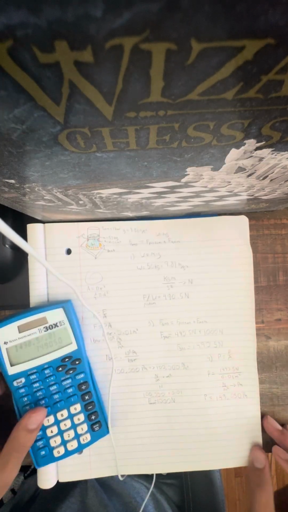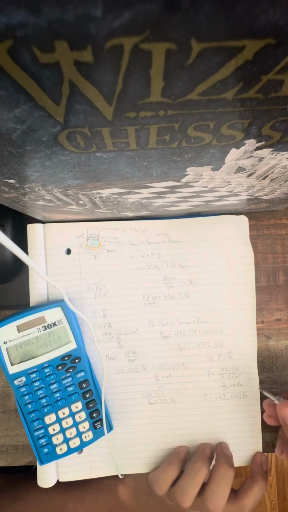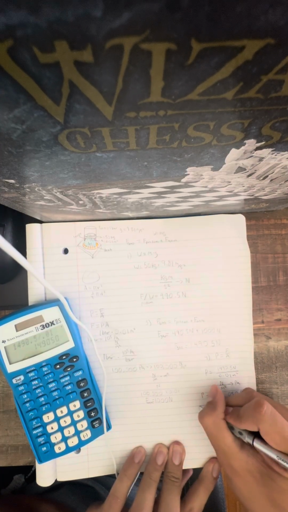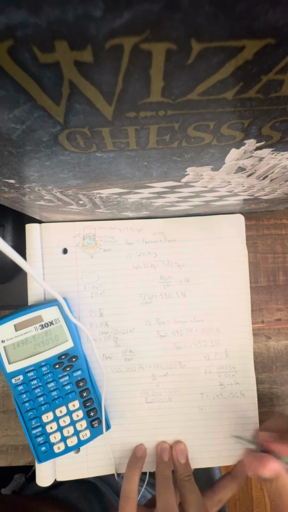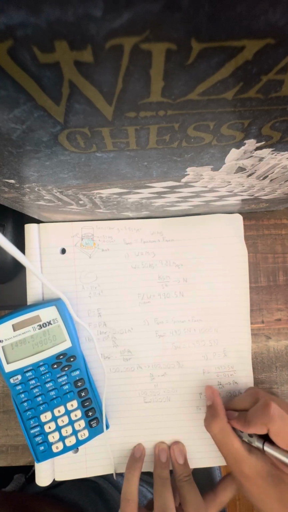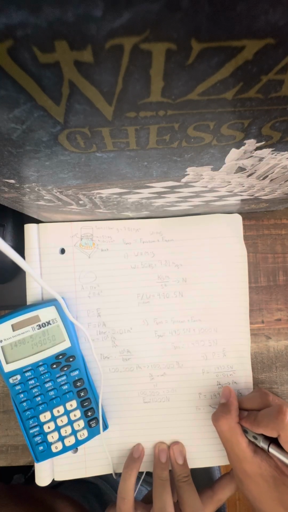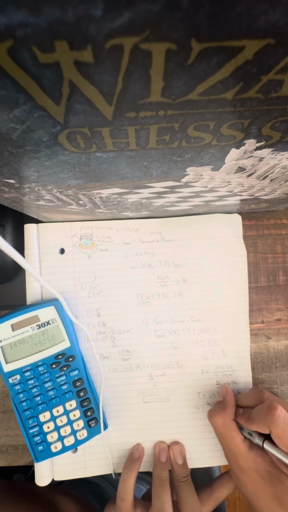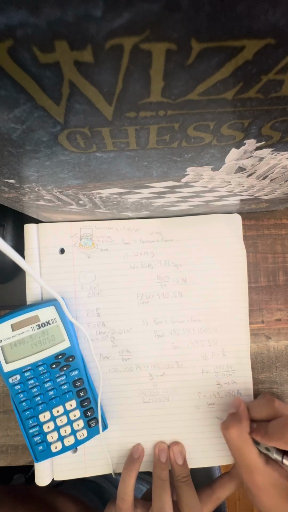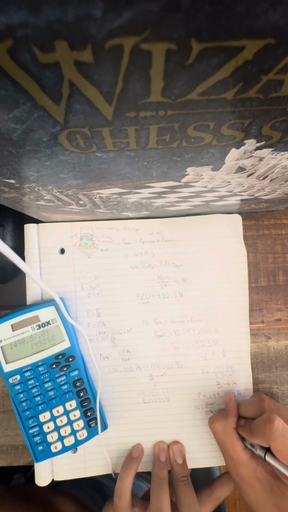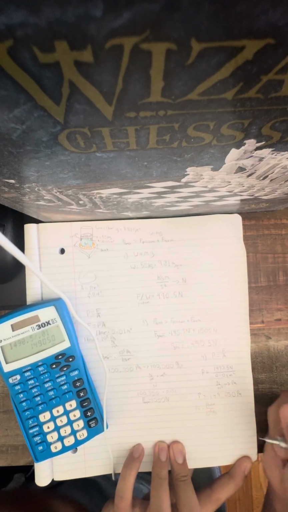And now we will need to translate back into bar. In order to get Pascal back into bar, running out of room, so I'll just show the units. Pascal, and then the conversion ratio: for every 1 bar, it's 10 to the 5 Pascal.